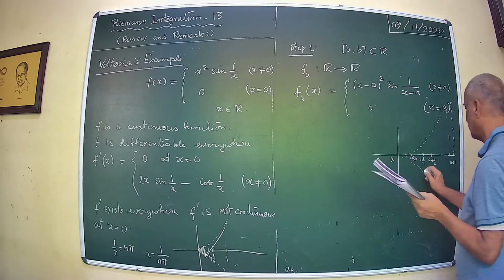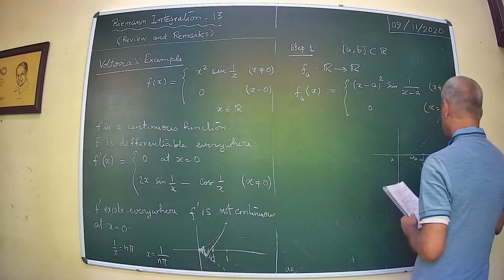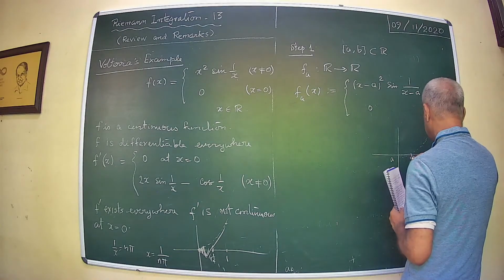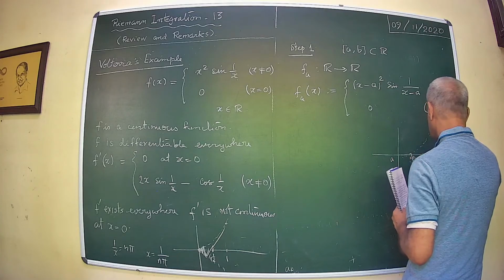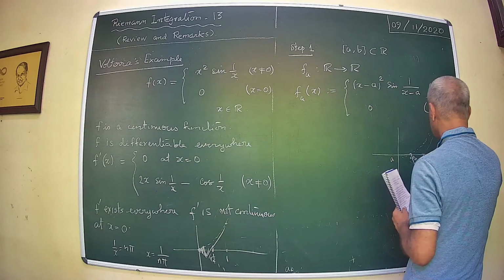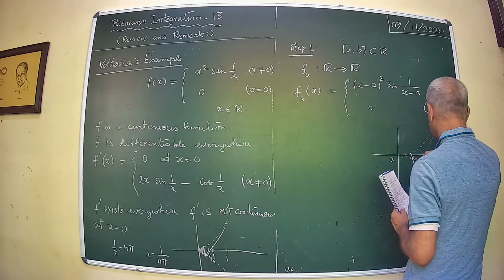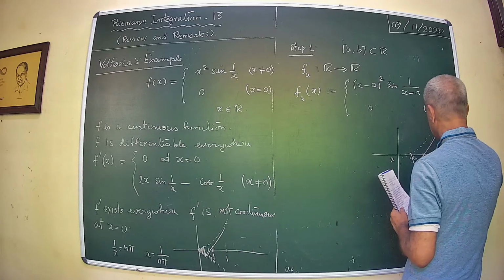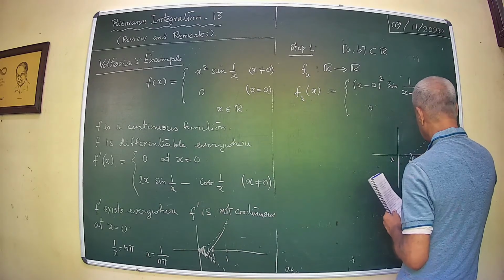So what happens? The function becomes negative between these two. It just becomes unbounded, and then you want this part.